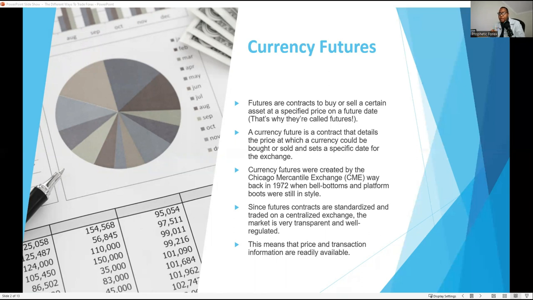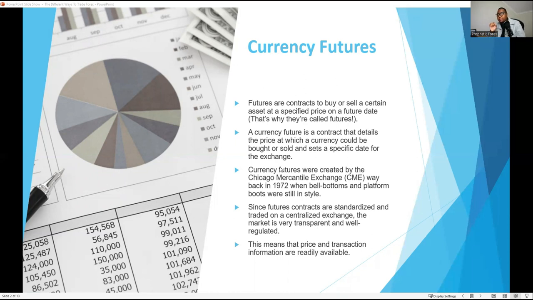Currency futures were created by the CME way back in 1972, when bell bottoms and platform boots were still in style. Since futures contracts are standardized and traded on a centralized exchange, the market is very transparent and well regulated.